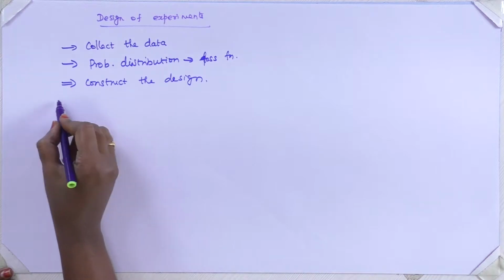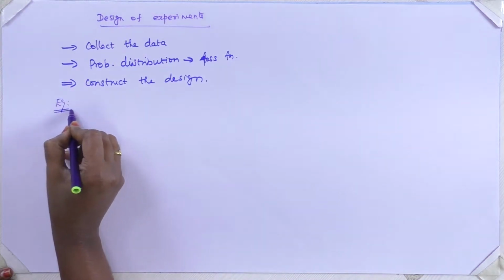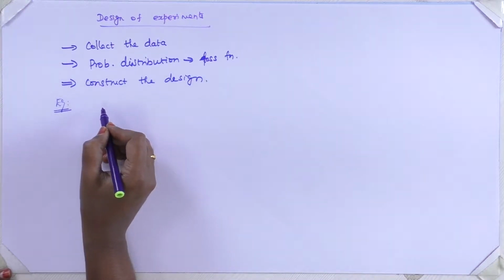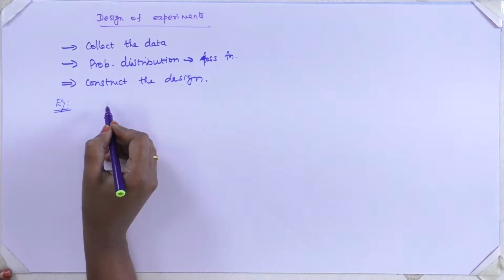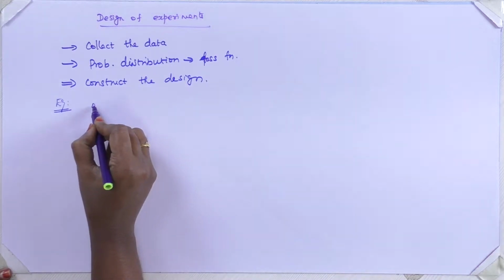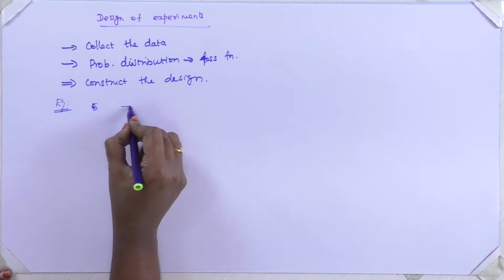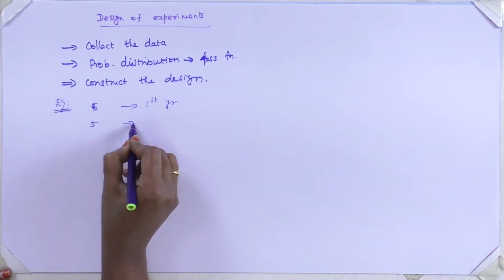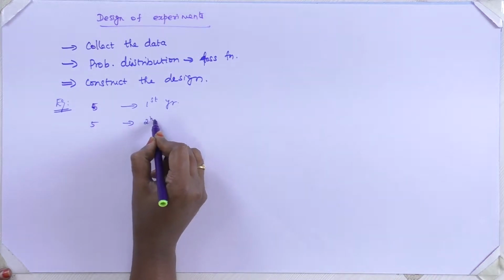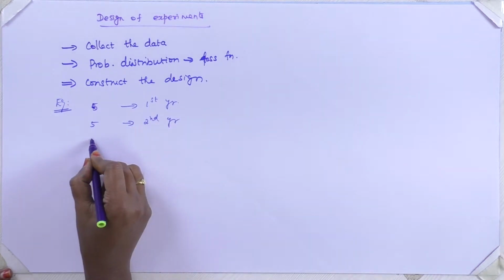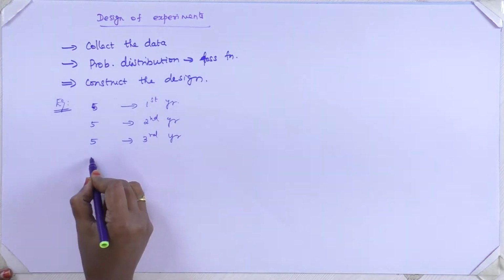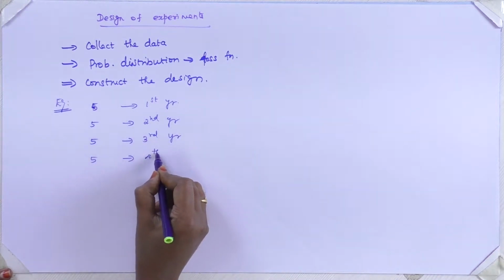For example, select 5 candidates from each year. From the first year, 5 candidates, from the second year, 5 candidates, again 5 from the third year, another 5 from the fourth year.